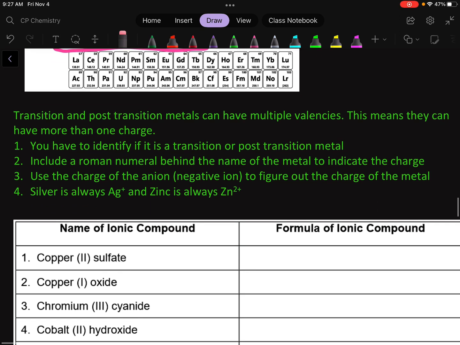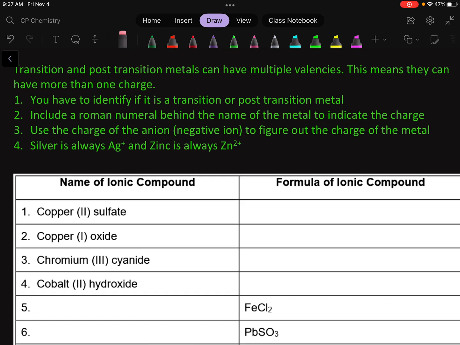And to do that, number 2 says, include a Roman numeral behind the name of the metal to indicate the charge. Number 3, when you have the formula and you need to come up with the name, you can use the charge of the anion, the negative ion, that it is bonded to figure out the charge of the metal.